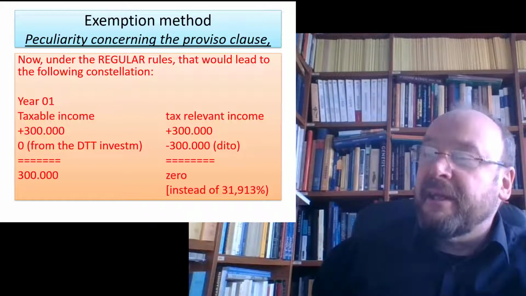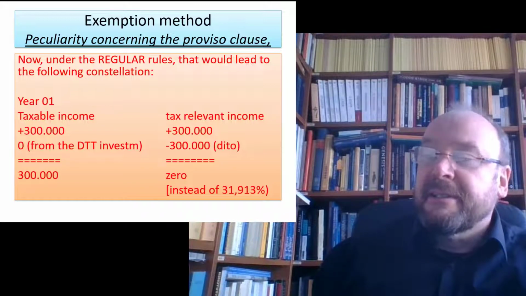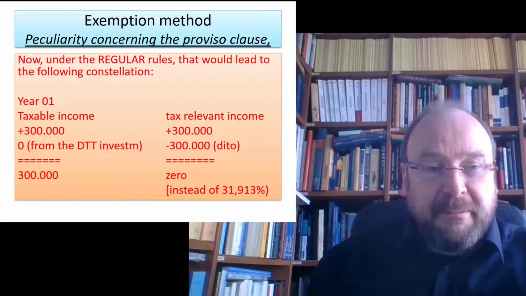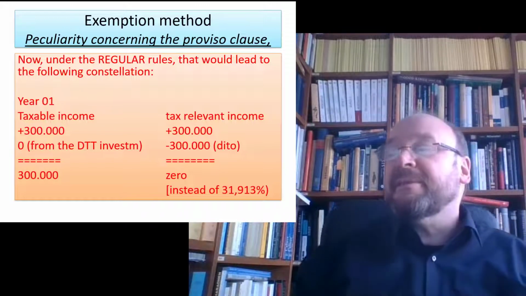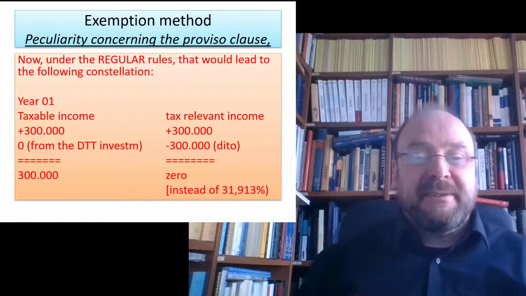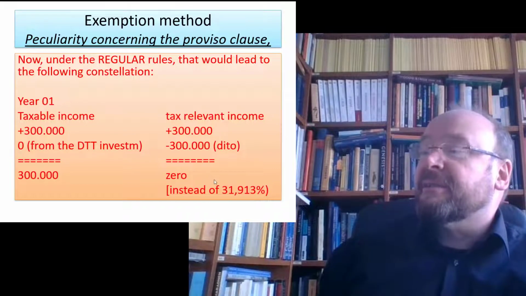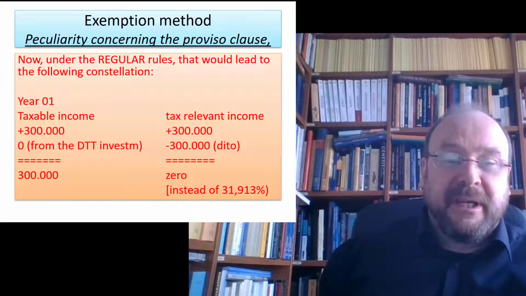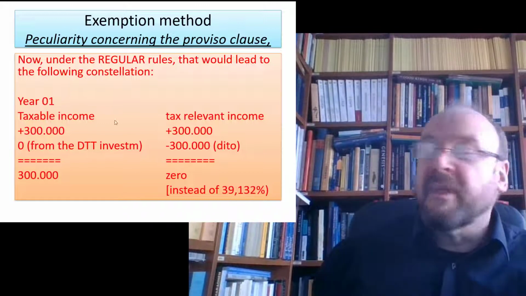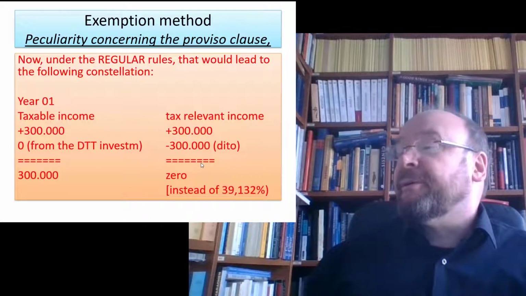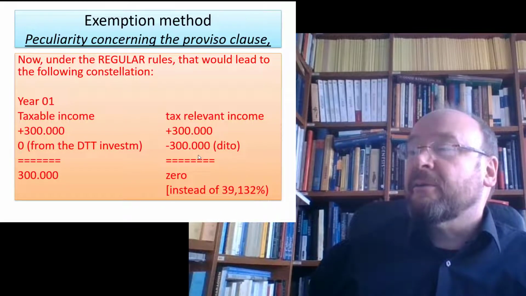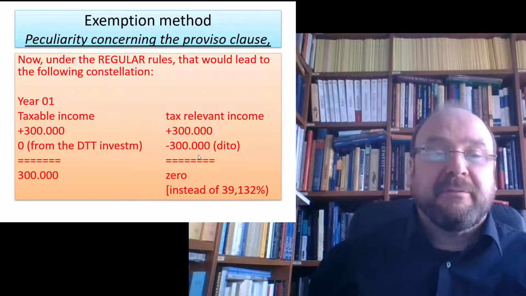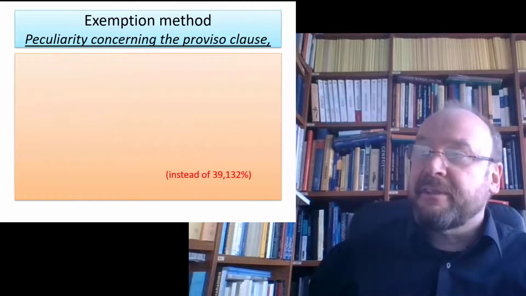So in the end, you have now 300,000 taxable income, but the worldwide income would be 0 and the rate would be 0. By the way, not instead of 31, but instead of 39%. So I should correct that. So I corrected that now. Now it's 39, and that's correct. So you save approximately 40% taxes in the first year.